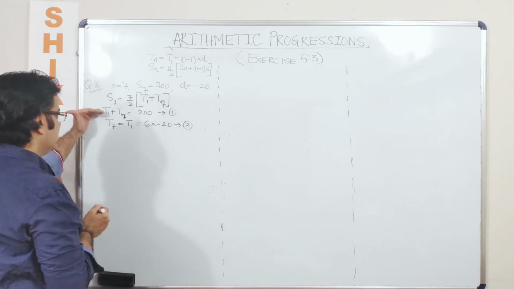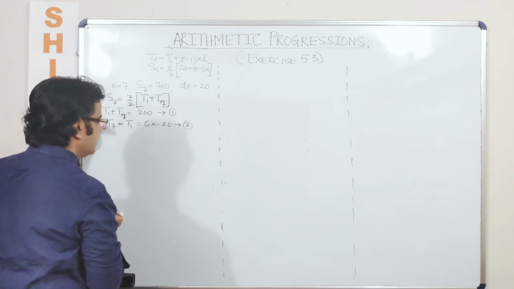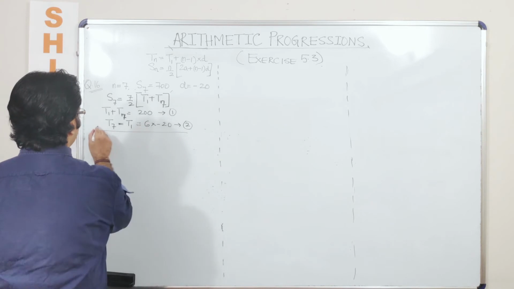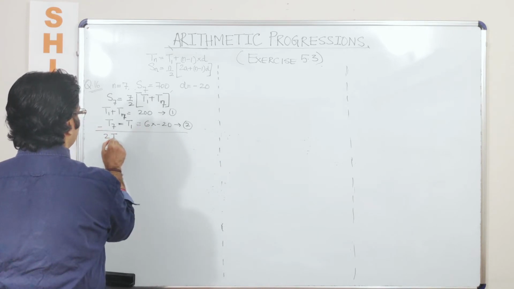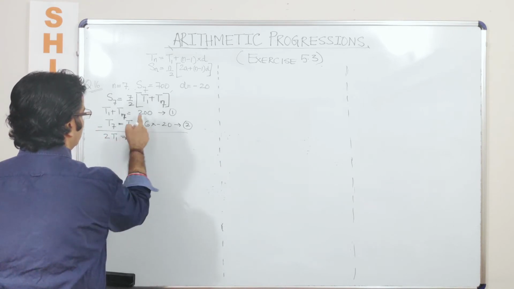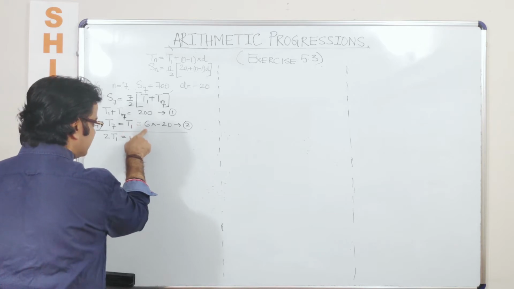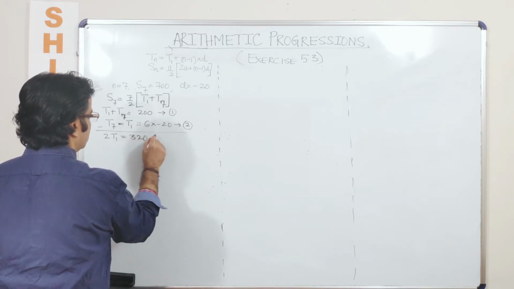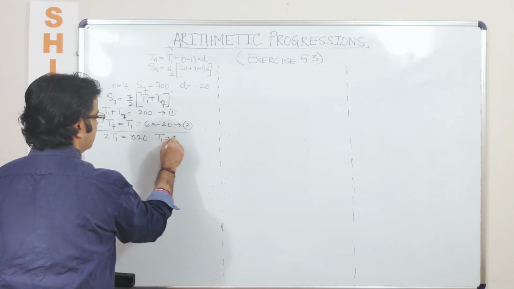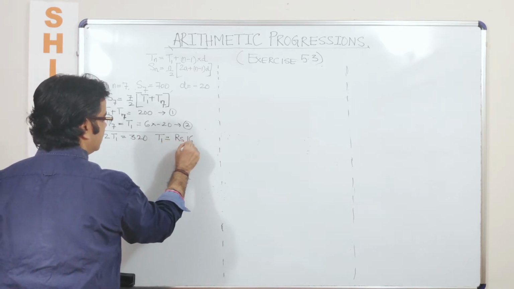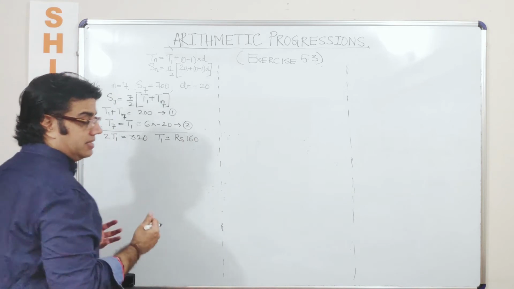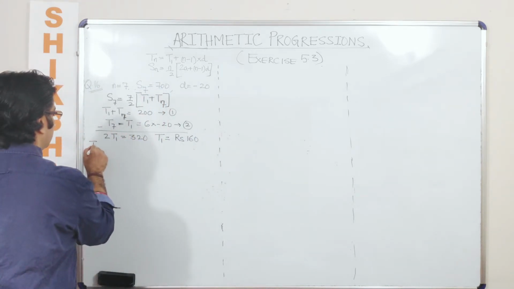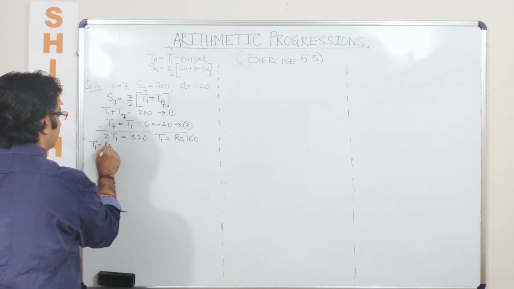When I subtract, I get twice t1, which is equal to 200 minus of minus 120, which makes it 320. So the value of t1 is 160. As discussed, we'll put the unit finally. So t1 is equal to rupees 160.